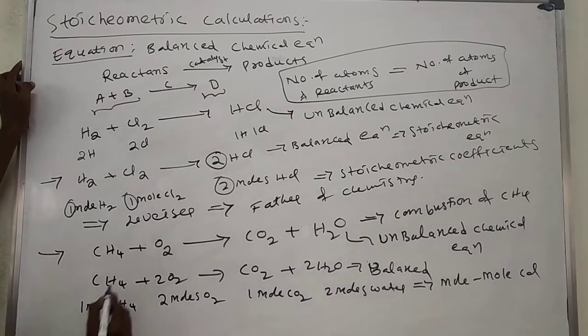Here, what is the mass of methane? Mass of methane is 16, 16 grams of methane.